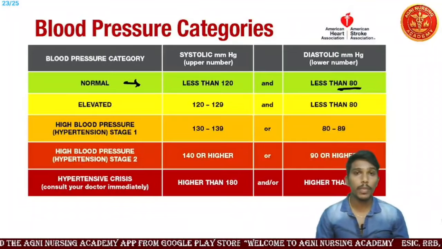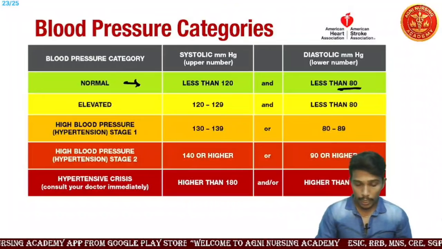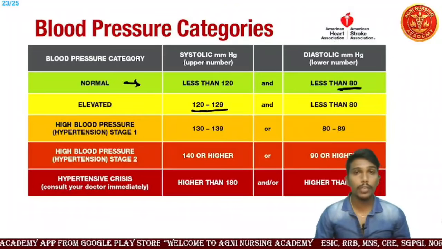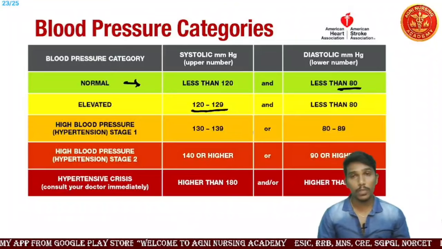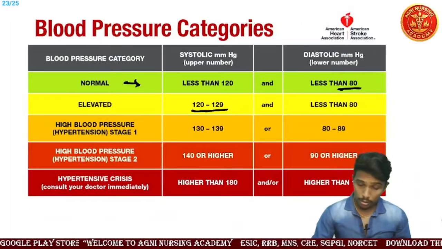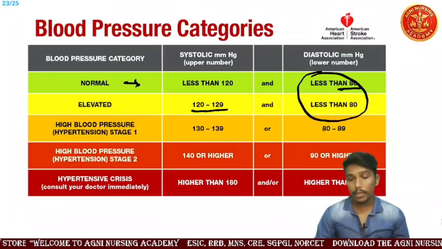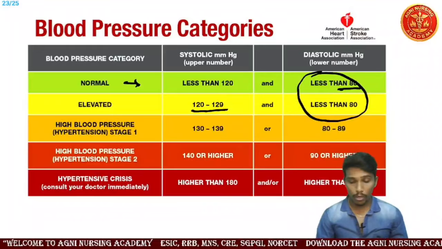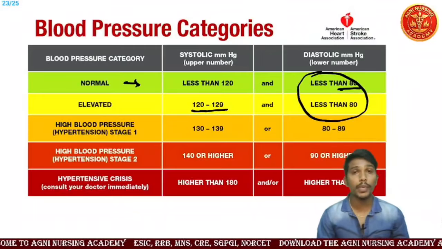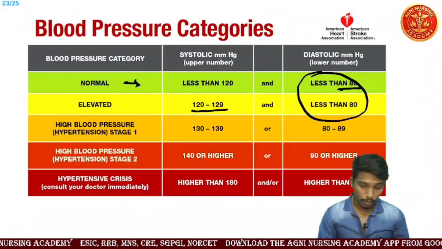If the patient's BP is 120 to 129, it's elevated blood pressure, and diastolic is less than 80. So in both normal and elevated, diastolic is normal only, but the difference is in systolic BP. Here it is 120 to 129 in the elevated.